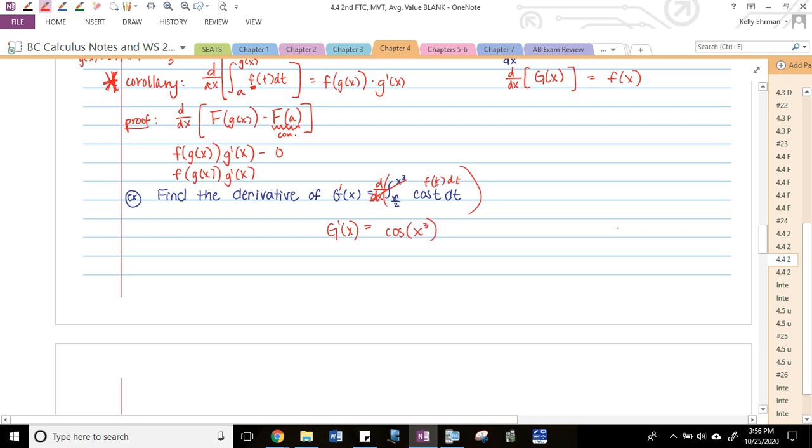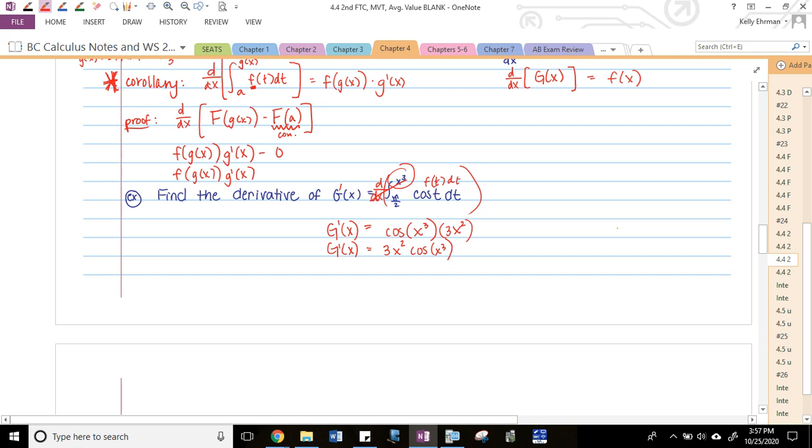And then I need to remember chain rule, multiply it by the derivative of x cubed, which is 3x squared. So my answer for g prime of x, remember, I'm not supposed to get a numerical answer. I'm supposed to get a function because I have an upper limit that's a function, not a number. Cleaned up: 3x squared times cosine of x cubed.